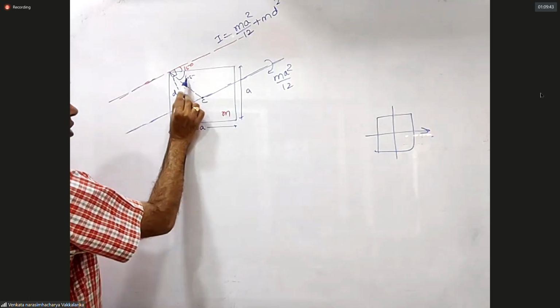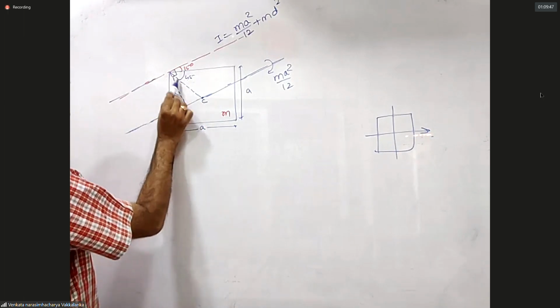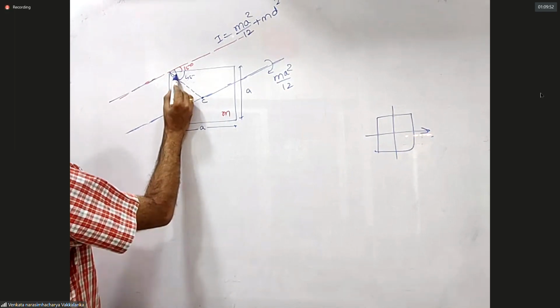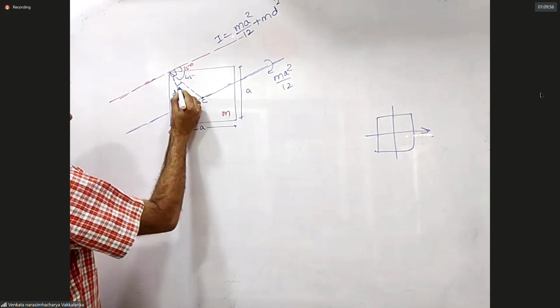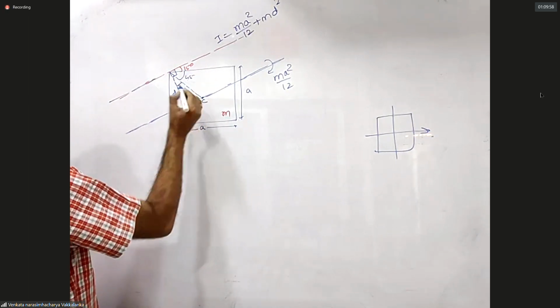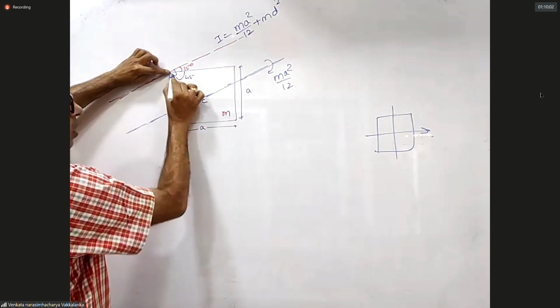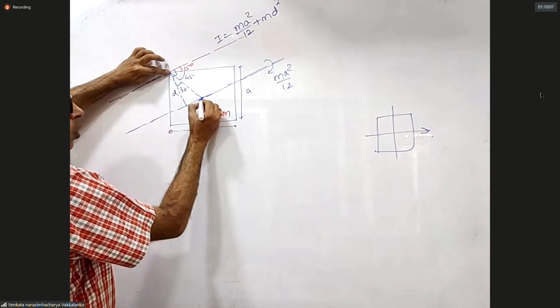Who told you this angle is 45? Sir, that's the diagonal. Yes, that's the diagonal of the square. So 90 minus 60 will be how much? 30. And I know the length of the diagonal. Total diagonal length will be a root 2. Half of that will be a by root 2.